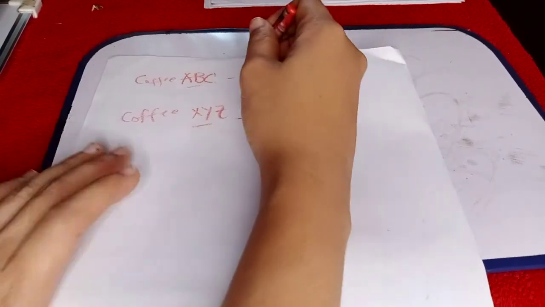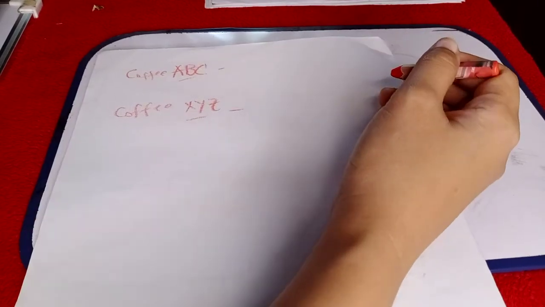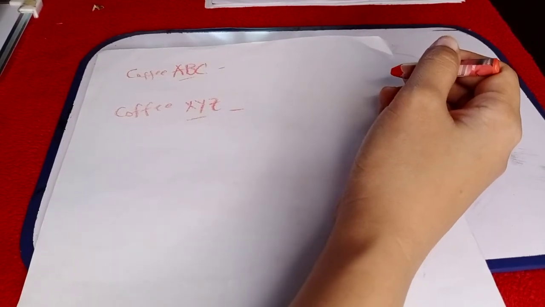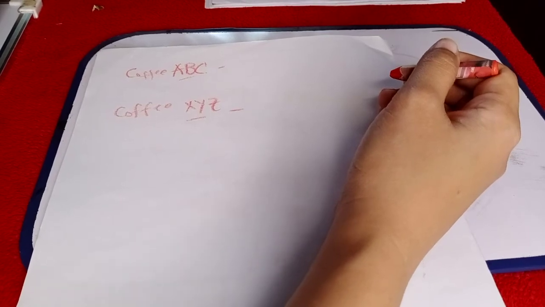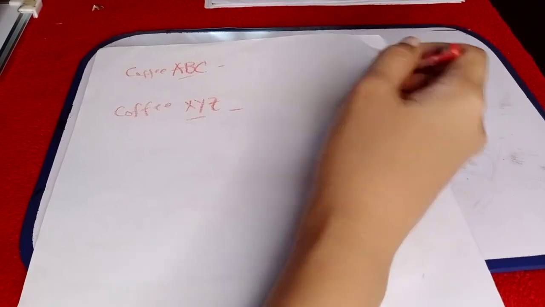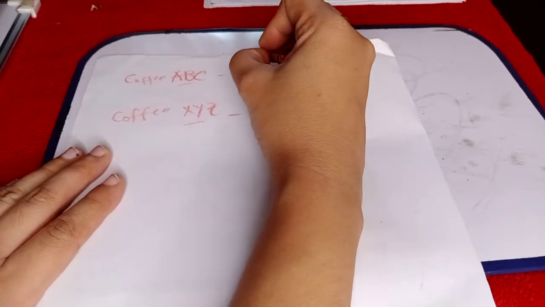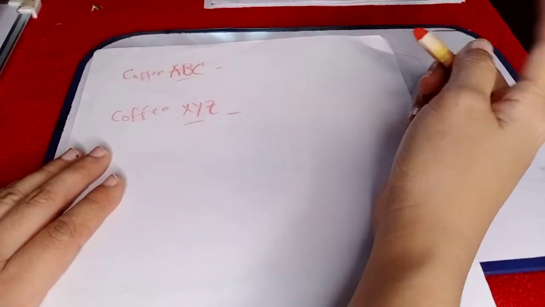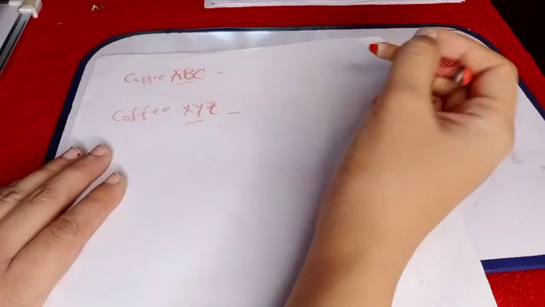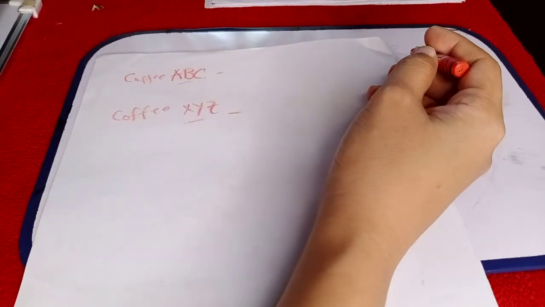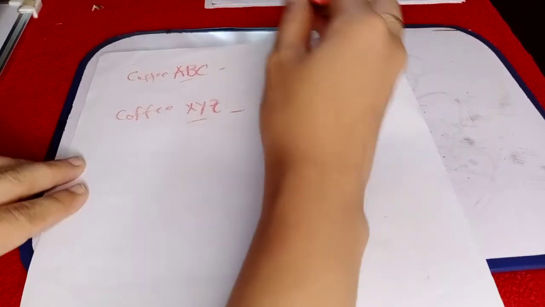We need to look for which has the lesser production of wine, which means they have the greater production of coffee. So instead of 3 divided by 9, because 3 was the dividend in the previous calculation, here we need to put the 9 wine as the dividend.